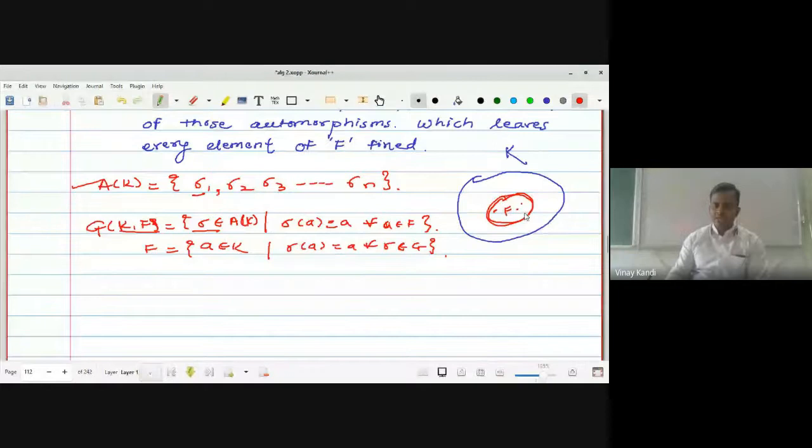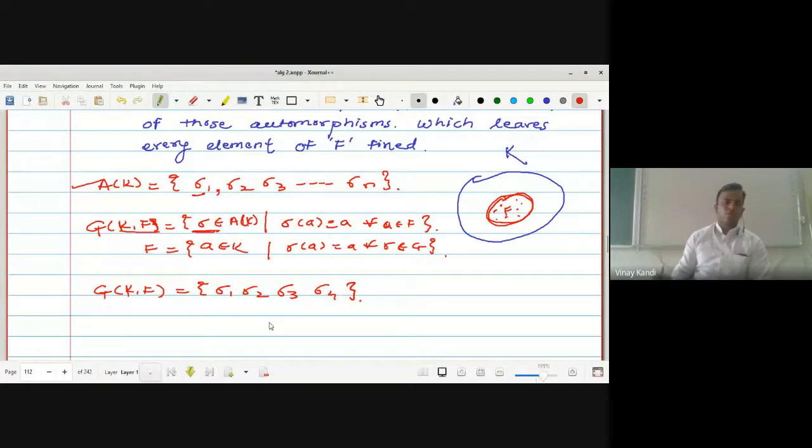Whatever elements this contains, each such sigma fixes every element of F. Suppose this GKF contains sigma 1, sigma 2, sigma 3 and sigma 4. These are the four elements in GKF. What is the meaning of this set?